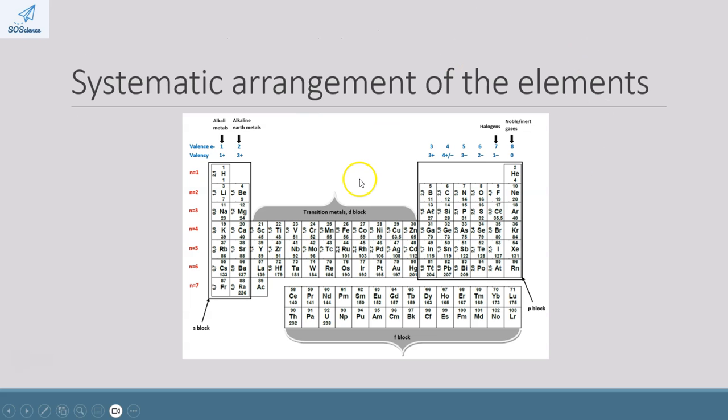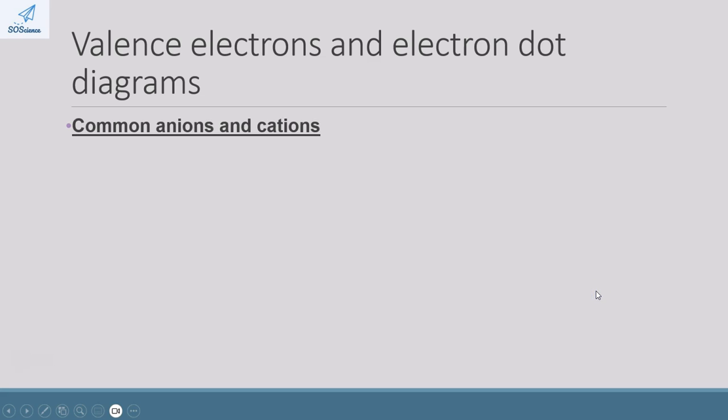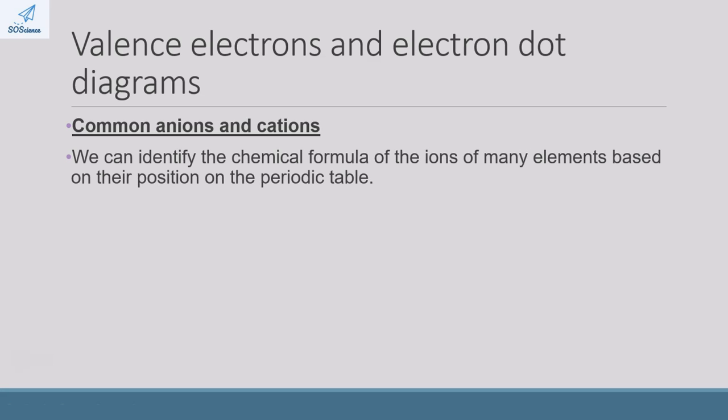In order to be able to work out the chemical formula of ionic compounds, we need to be aware of the valency of all these elements over here based on the periodic table, but that's easy. We also need to be aware of the valency of some other common anions and cations that we cannot derive from the periodic table.